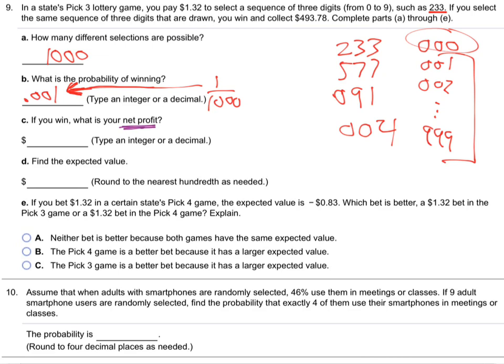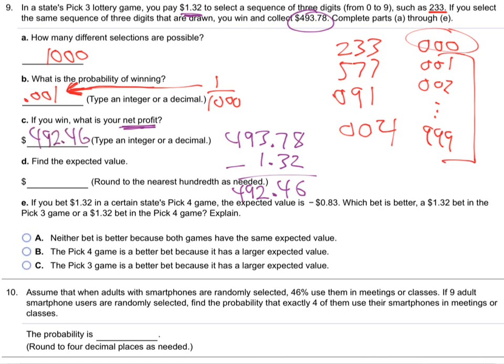If you win, you win $493.78 minus the fact that you had to pay $1.32 to buy the ticket. So what is that? 492.46. That's how much you would win.